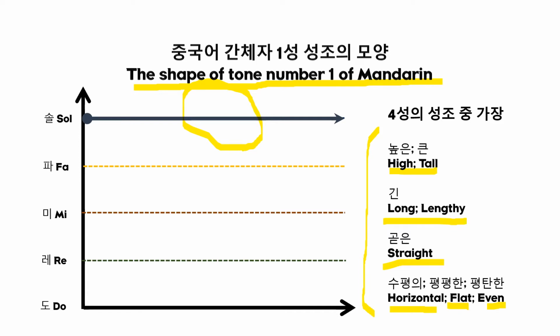It's an alphabet-based language, but Chinese is totally different. So in Chinese, they must have tone numbers for each character.